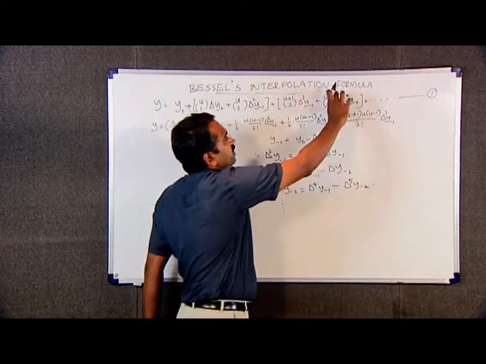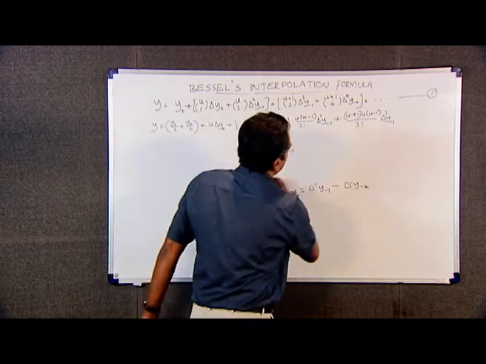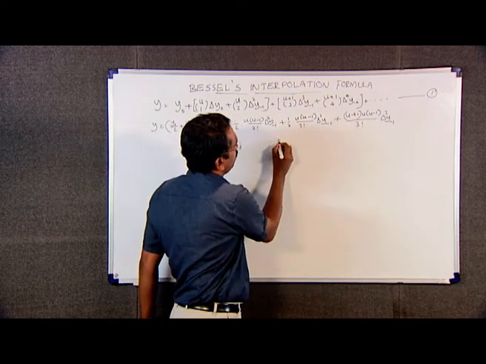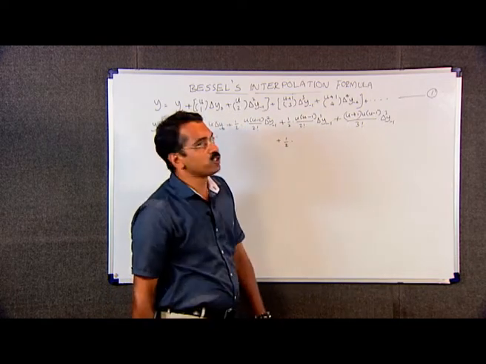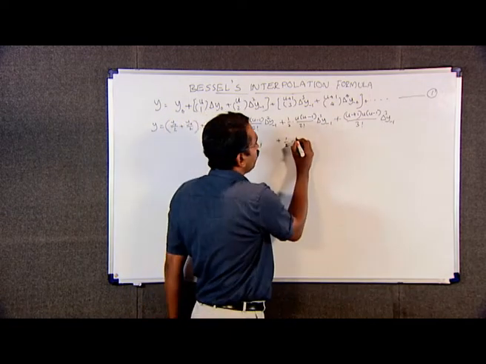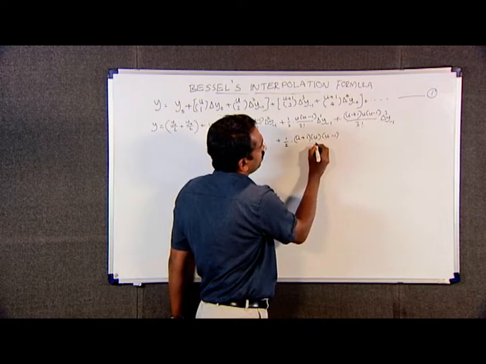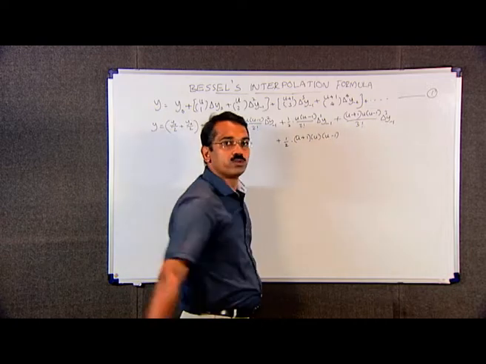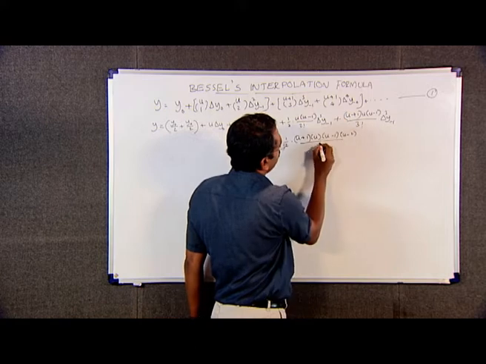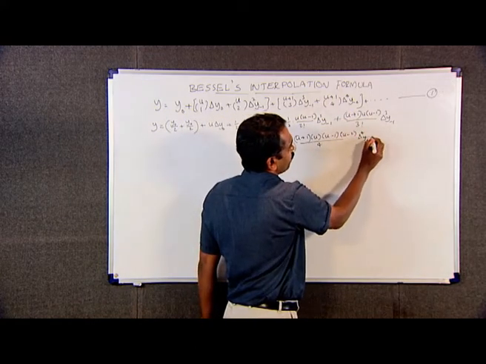Now, we split the next term into 2 equal parts. We can write this as the first part is 1 by 2 into (u plus 1)C4, which means (u plus 1) into u into (u minus 1) into (u minus 2) divided by 4 factorial, that is (u plus 1)C4 into delta raised to 4 y minus 2.